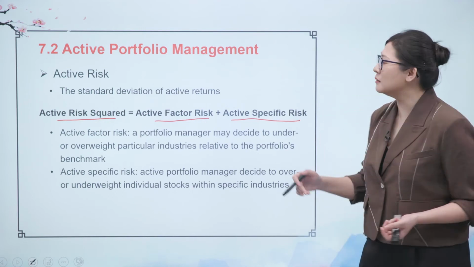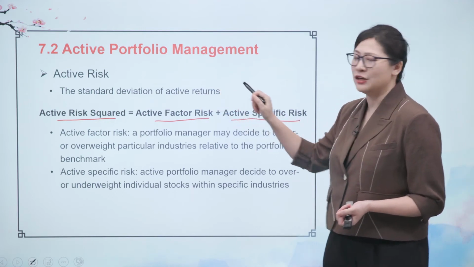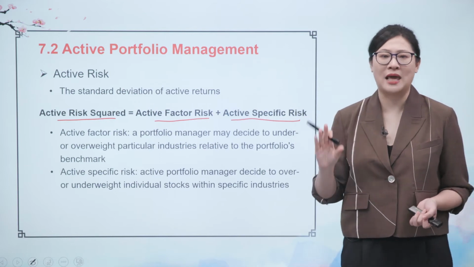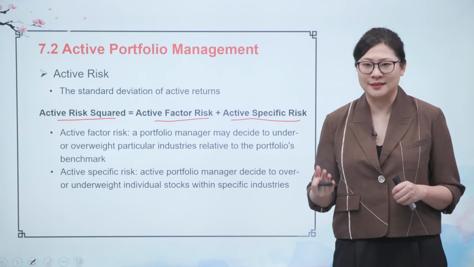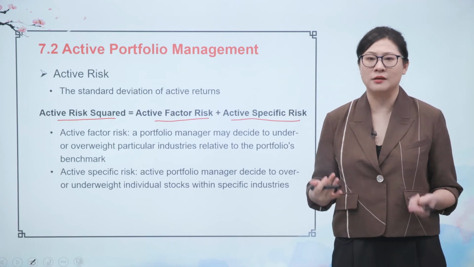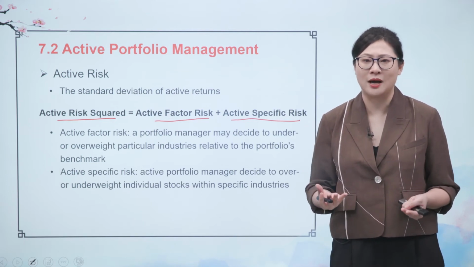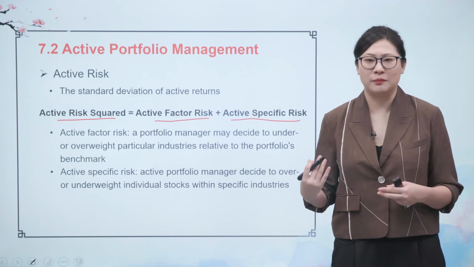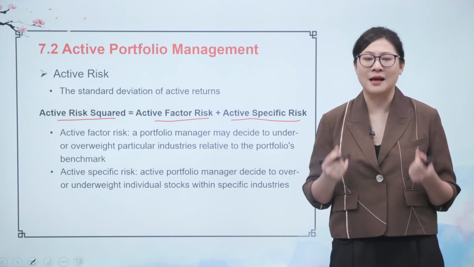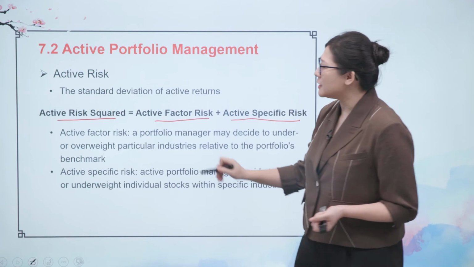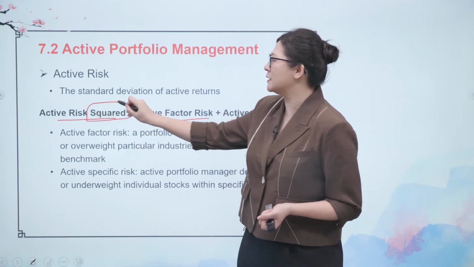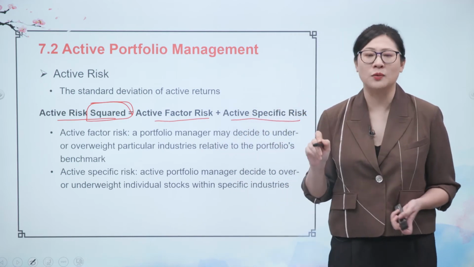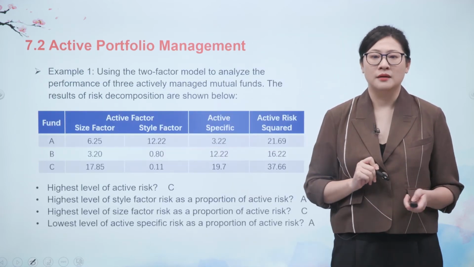Based on asset allocation and security selection, we have two different parts of risk. We will discuss asset allocation and security selection strategy in the next chapter, chapter 8, on asset allocation. And keep in mind that this is active risk squared, so there is a square in this case.